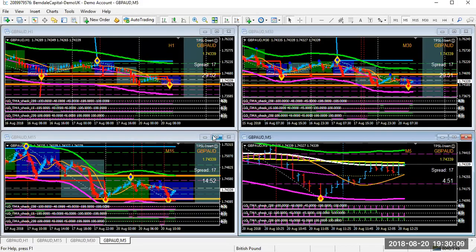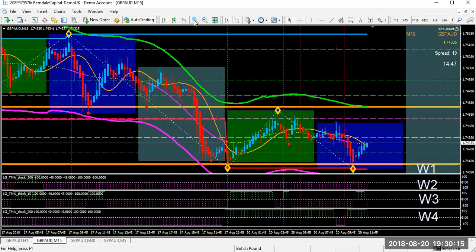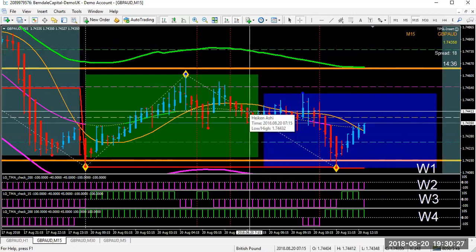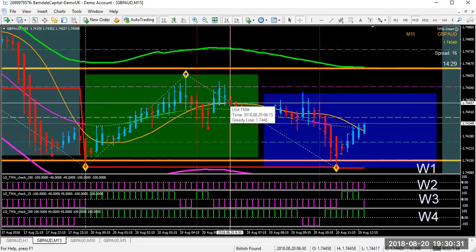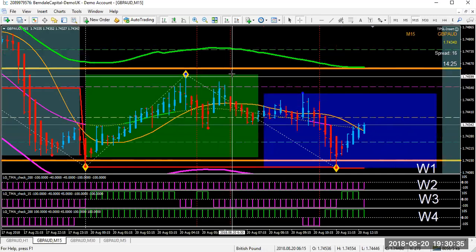So what else can we see from our other charts while that's happening? See these candles here? What happened on the 5-minute would have been happening here with this red one.